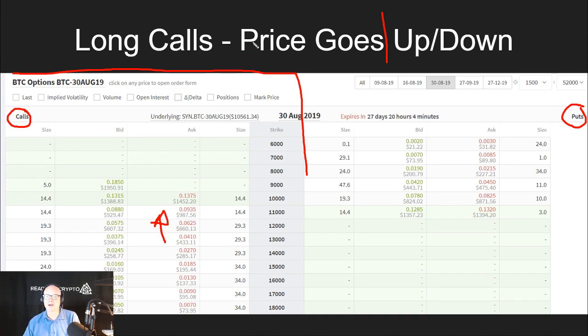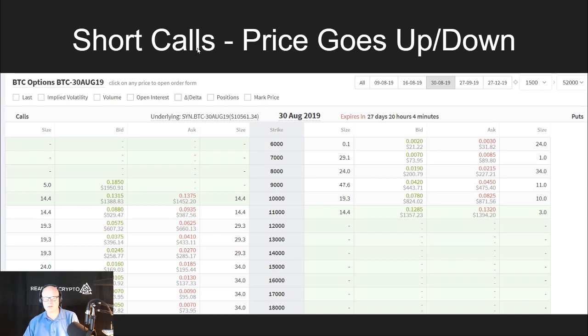So again, long calls, if the price goes up, the values of these options will go up. If the price goes down, the values of these options will go down. Okay, that makes sense. Now, if we are short calls, if the price of the underlying goes up, then the call values will still go up.